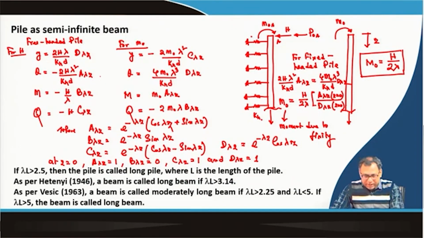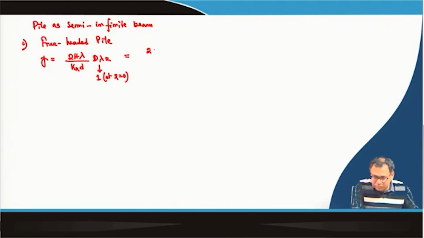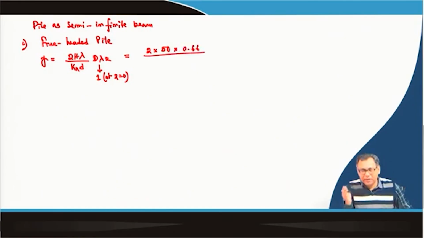Okay. And you have to convert this, lambda z is in radian. If you multiply lambda with any z, that will be radian, you have to convert it to degree when you use it with sine or cos. Okay, remember that. So, here this is z equal to 1. So, I can put this is equal to 2, h is equal to 50, and lambda is again 0.66, because that will not change whether it is a semi infinite beam or finite beam.